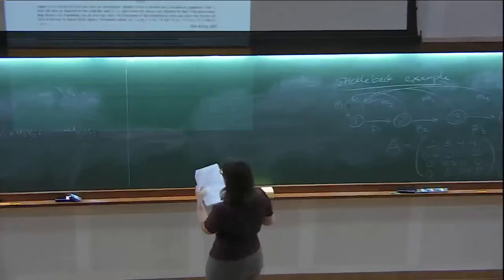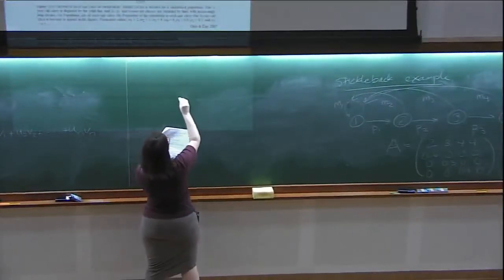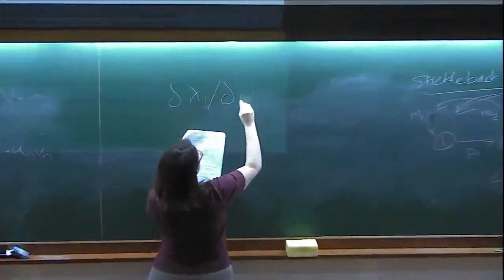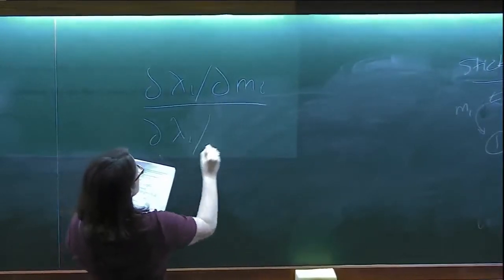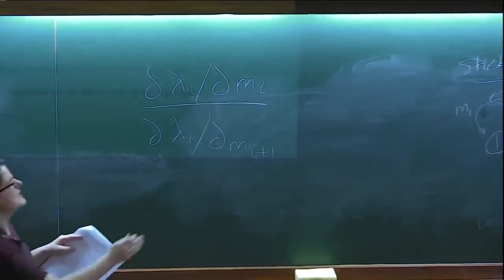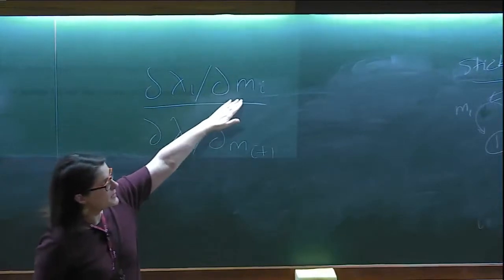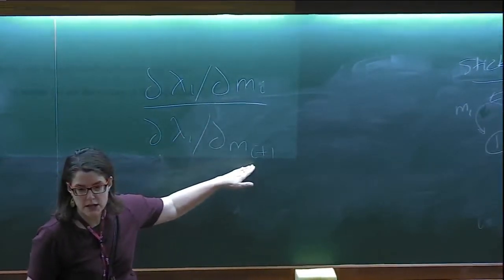As an example, we might ask, what's the sensitivity of reproduction with age? We might take the ratio of the sensitivity of the reproductive output of stage I to the reproductive output of stage I plus 1.